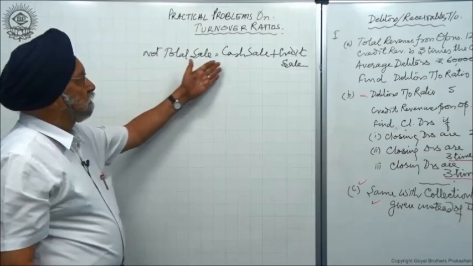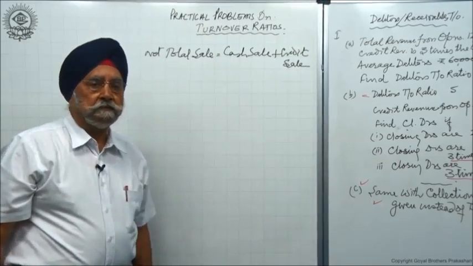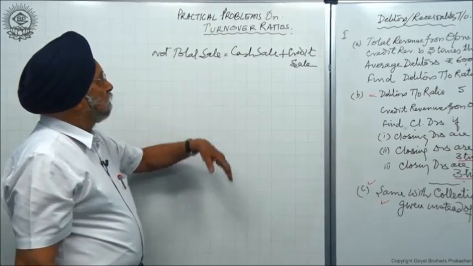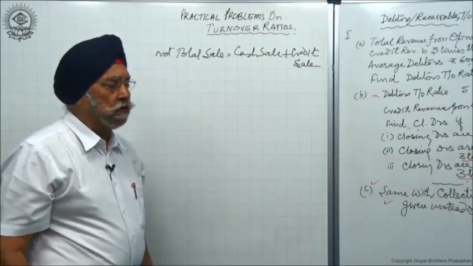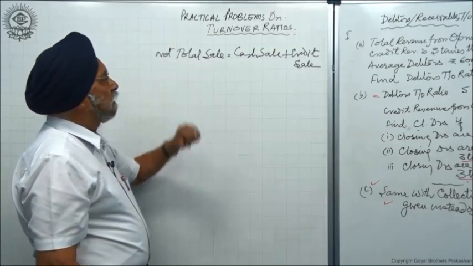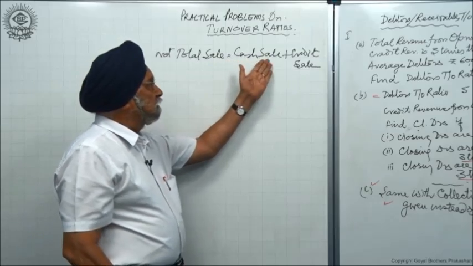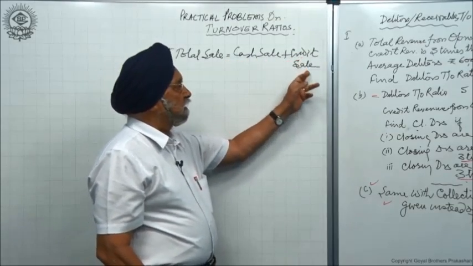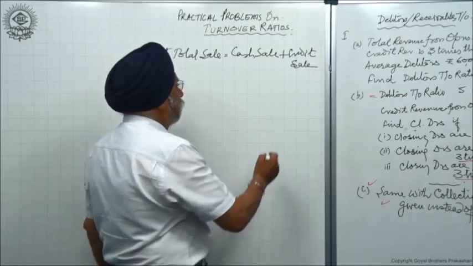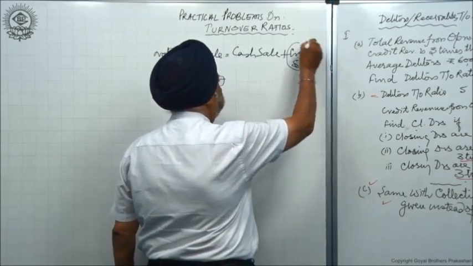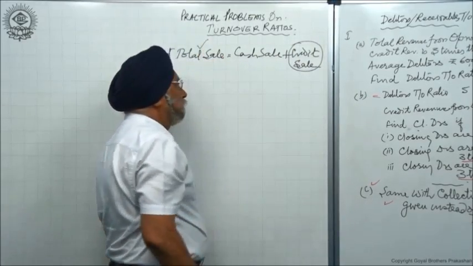Now, when we want to calculate debtors turnover ratio, we do not need total sale. We do not need cash sale. What we need is credit sale. This is the total of the 2. We have to find out what is credit sale when this one is given to you.